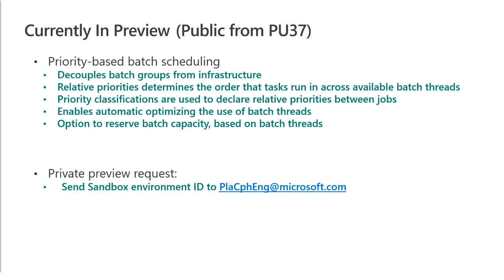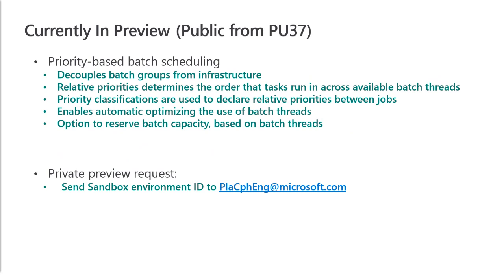Your work in this is to prioritize and classify and declare the relative priorities between jobs so the batch is processed in the most optimal way for you, and I will come back to that in my demo. But it does enable automatic optimization and use of batch threads.